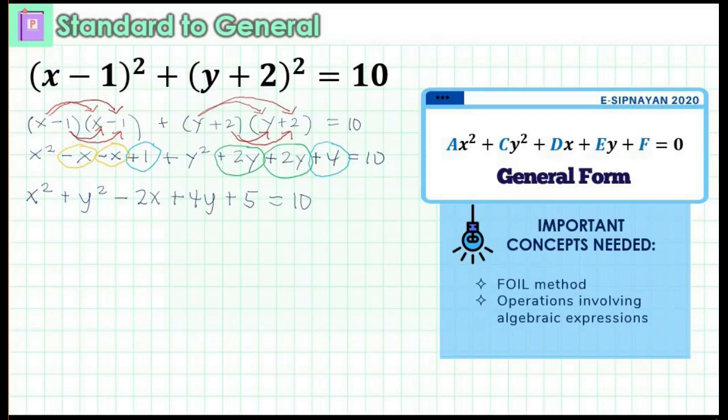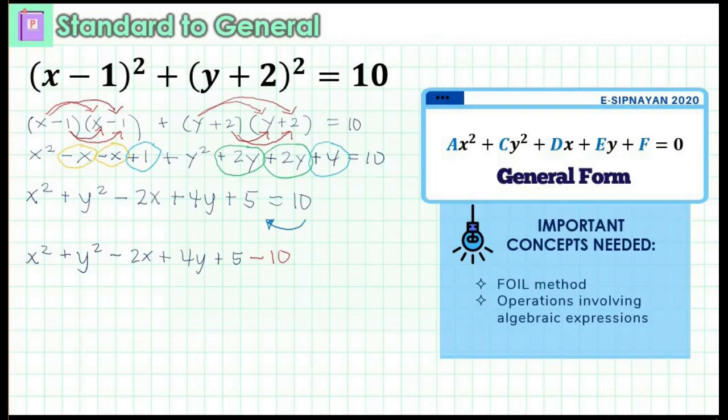Let's simplify further by transposing the constant to the left hand side of the equation, so that we follow the general form that all terms will be on the left hand side of the equation. Hence, we'll have x squared plus y squared minus 2x plus 4y plus 5. And then from positive 10, it will now become negative 10.